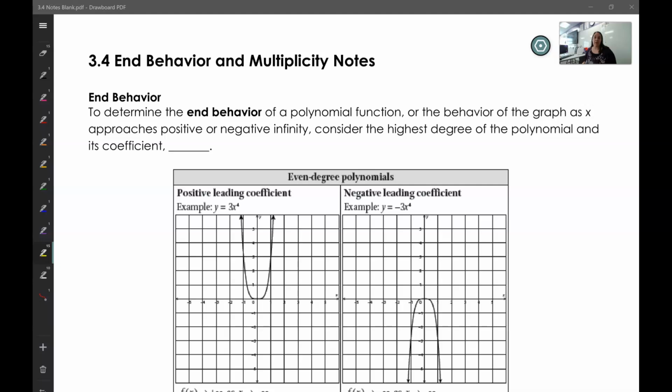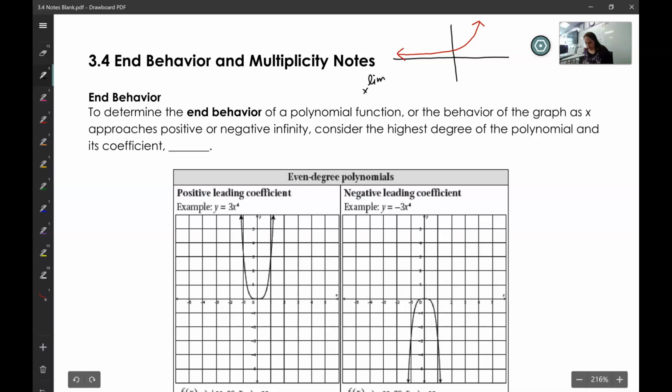We did end behavior in the first chapter of the year, and we did it by looking at a graph. So, for example, let's say I had given you this graph right there, and then you needed to find the end behavior.